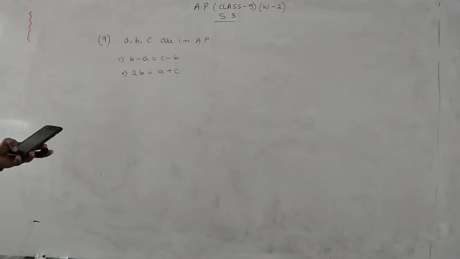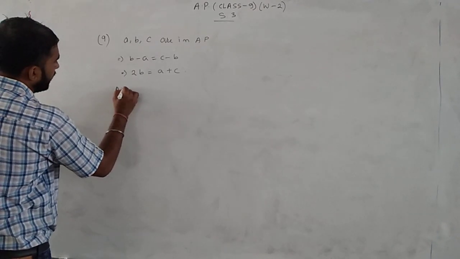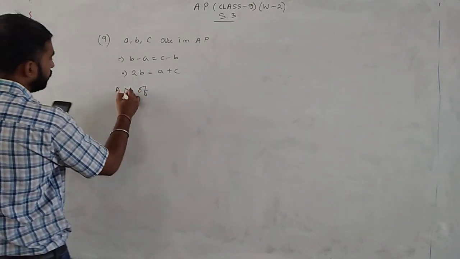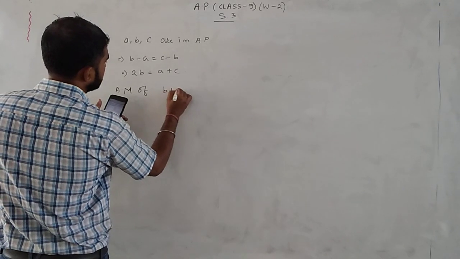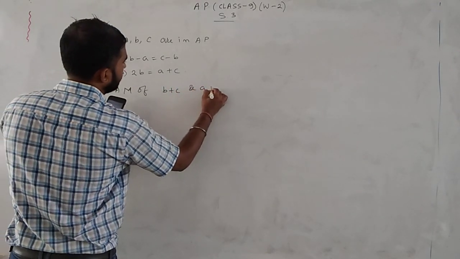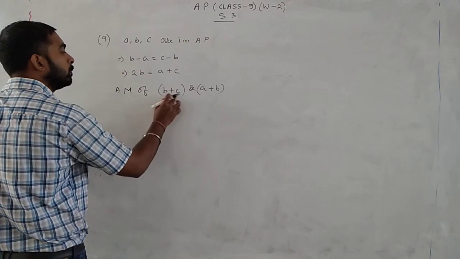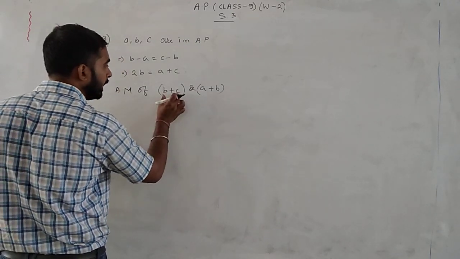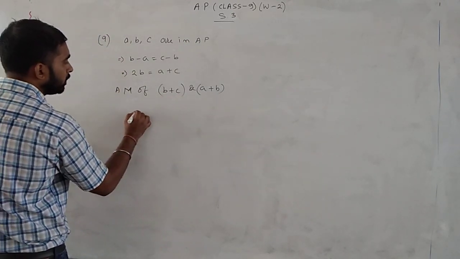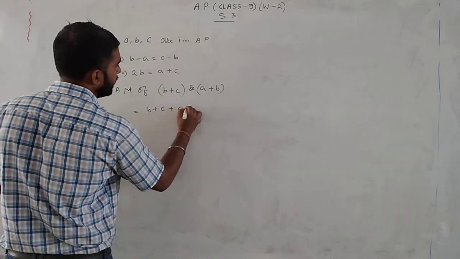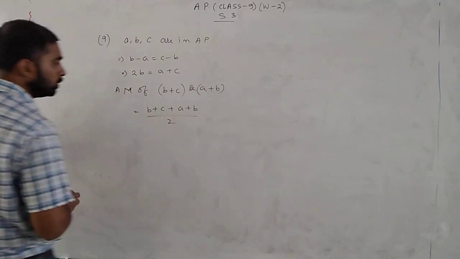Then find the AM. AM of B plus C and A plus B. Suppose this is A, this is B, what is the AM of A and B? A plus B by 2. So B plus C plus A plus B by 2.